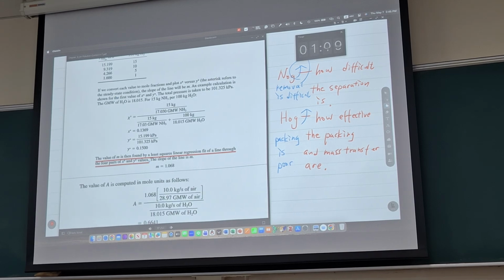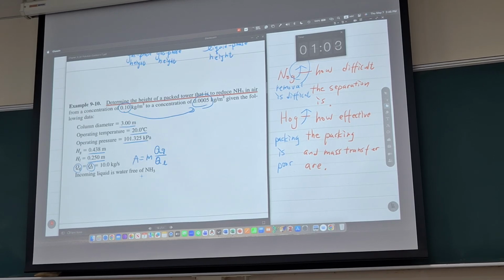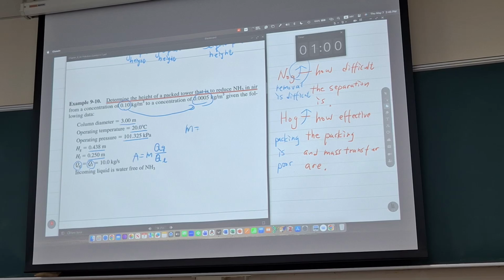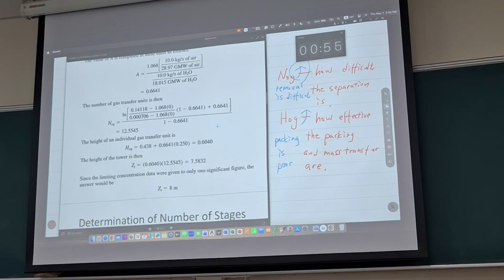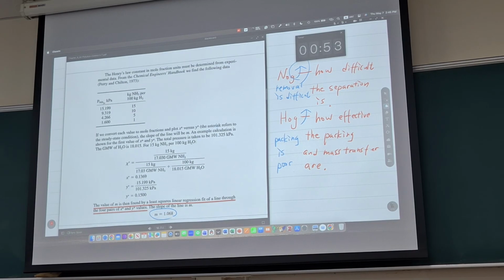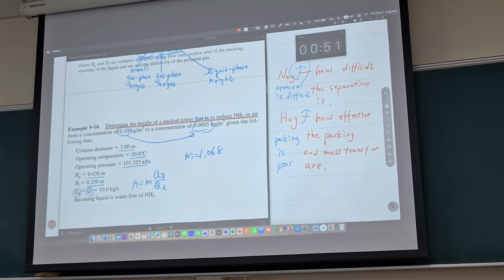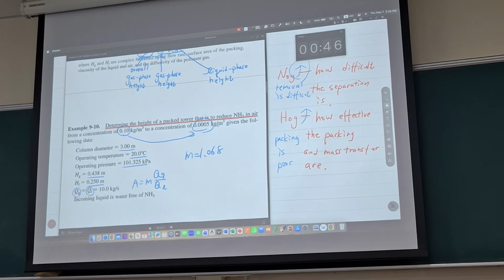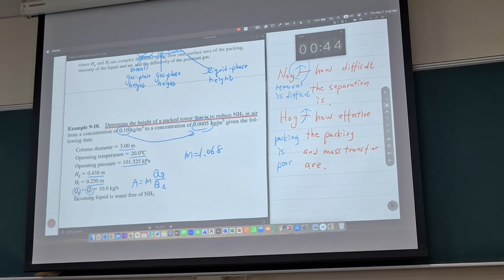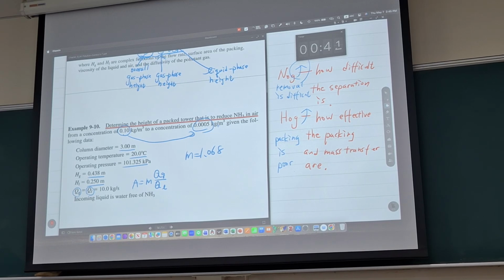Okay, I think I should give you M. M equals 1.068. Let me give you M directly. With this information, I think you can do it.